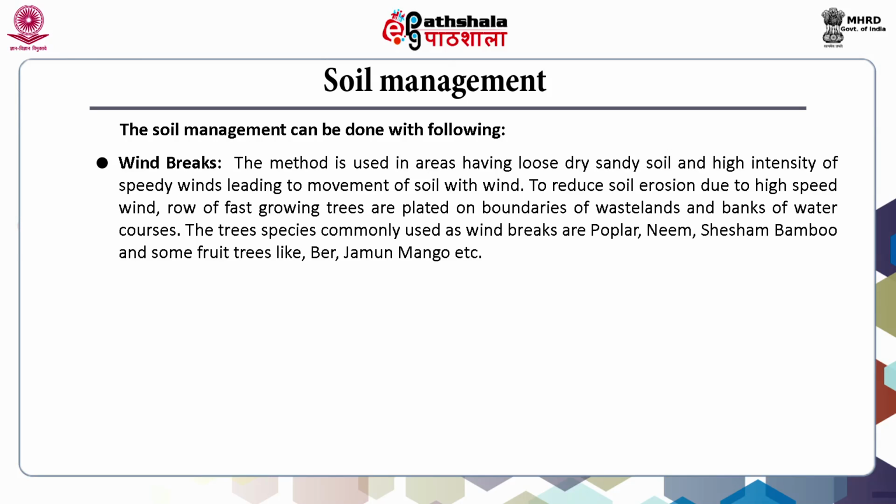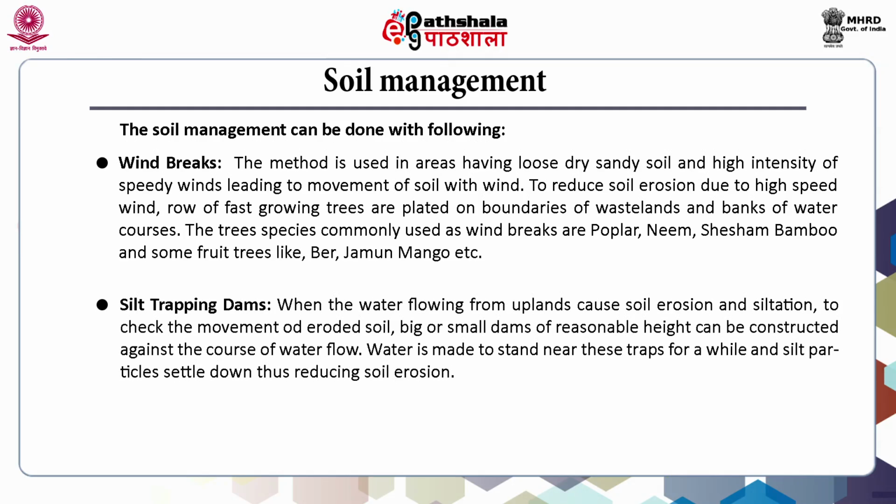To reduce the soil erosion due to high speed wind, rows of fast growing trees are planted on the boundaries of wasteland and banks of watercourse. These trees commonly used as windbreaks are popular: neem, shisham, bamboo and some fruits like ber, jamun, mango, etc.